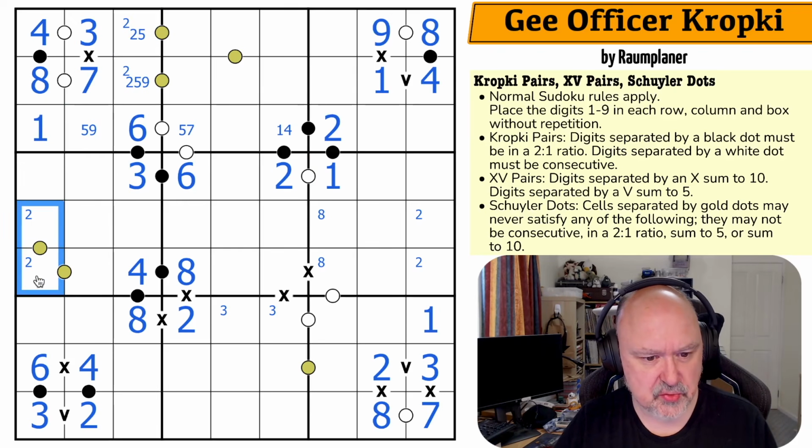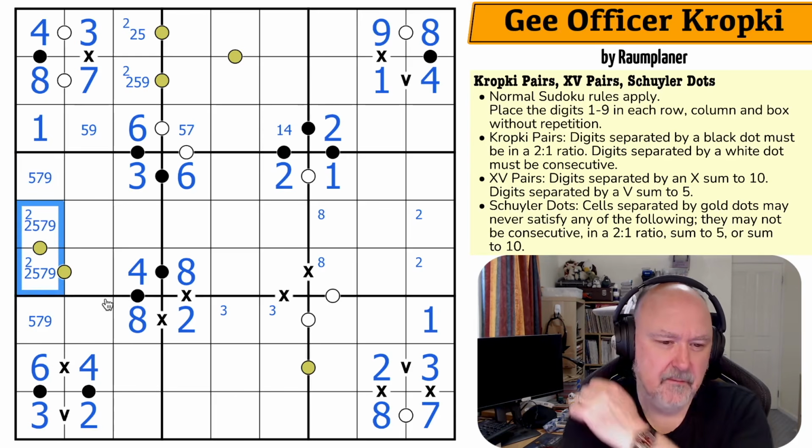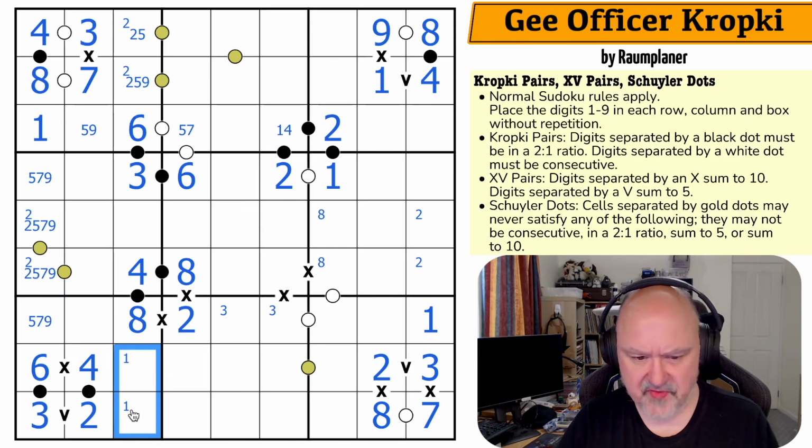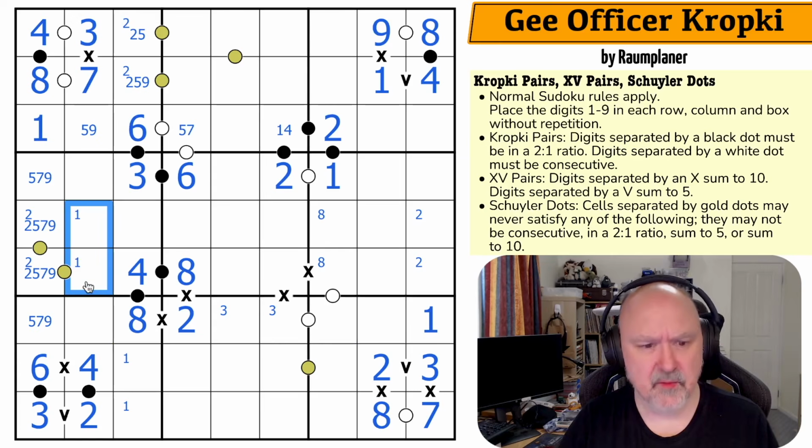So there is a 2 on here. So this is a quadruple. 2, 5, 7, and 9. There's no 2 here or here. That's actually not helped me, has it? One is definitely in one of these two because of the 1 here, which puts 1 in one of these. Actually, it puts 1 in one of those two.